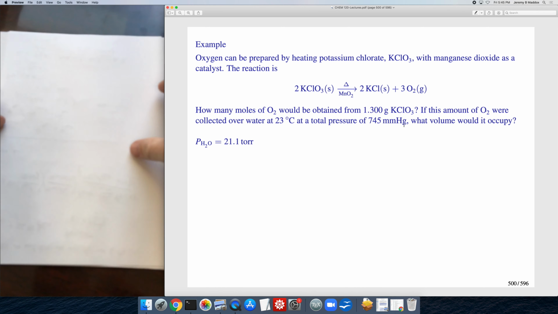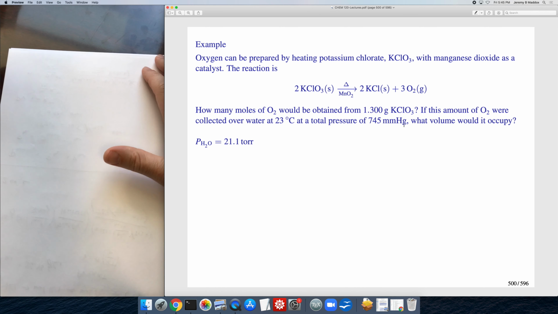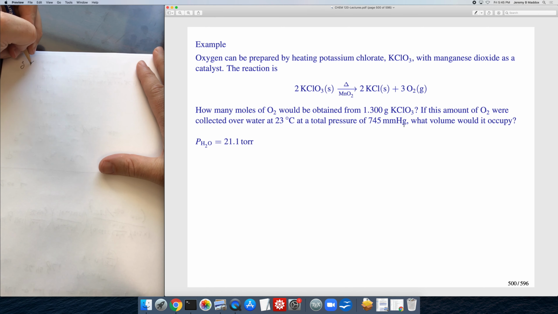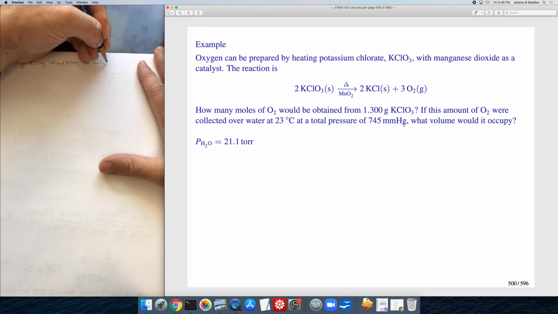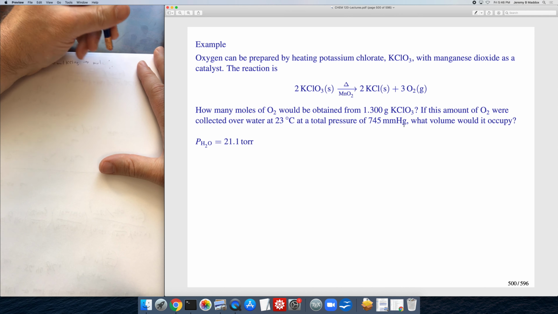So this first part will involve converting from grams of potassium chlorate to moles, and then you're going to convert that to moles of O2, and that's the first number that they want.